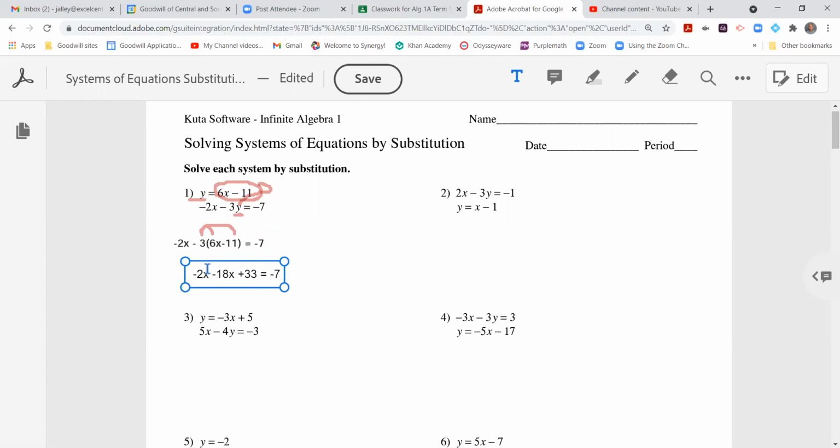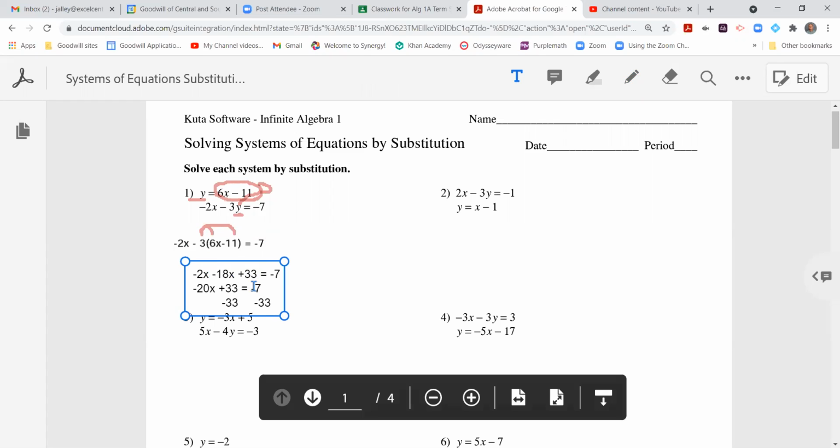Okay, combining like terms. Minus 20x plus 33 equals -7. Now I'm going to have to subtract 33 from both sides.